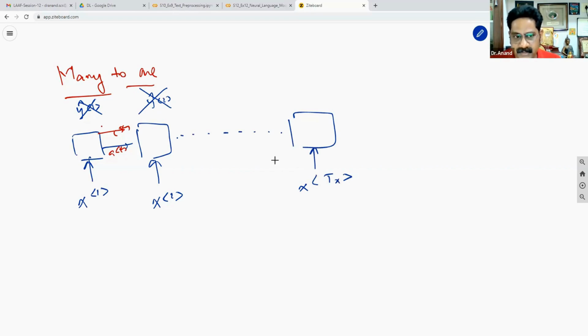The moment I present this, I complete my entire sentence. In the meanwhile, all your AT and CT keep taking the previous state and working on the next state memory. For AT plus 1 calculation, I have to depend on my previous state. Similarly, CT plus 1 has to work based on the earlier state. So at every state, Y cap of T is not important for me.